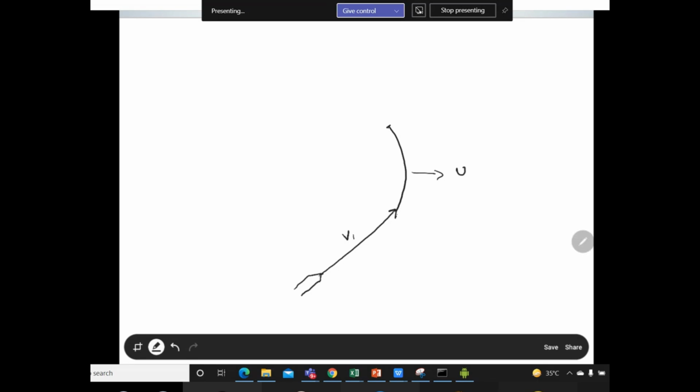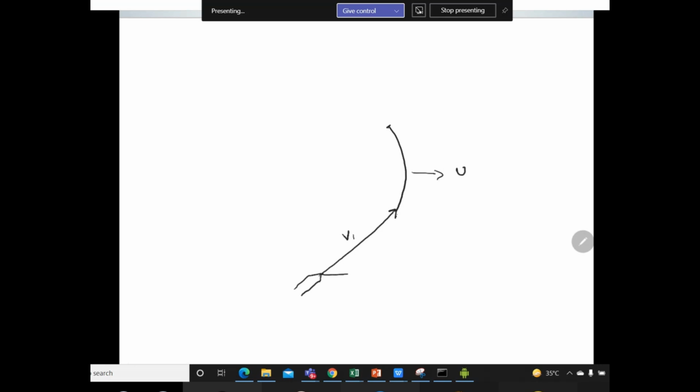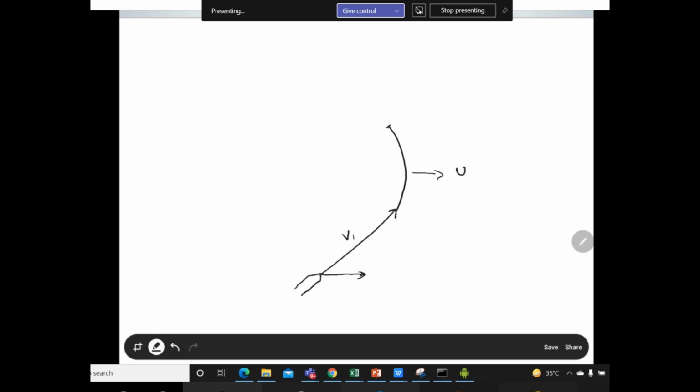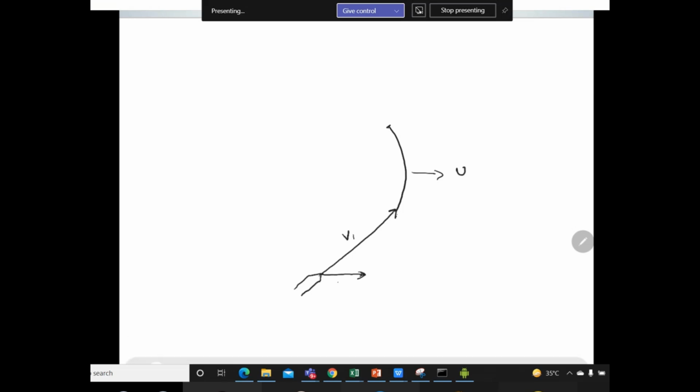Because the blade is moving with the velocity u, we mark this same velocity as u.